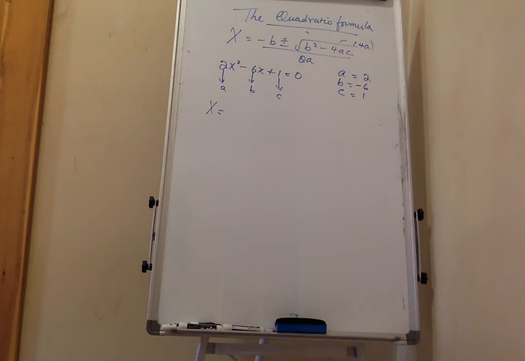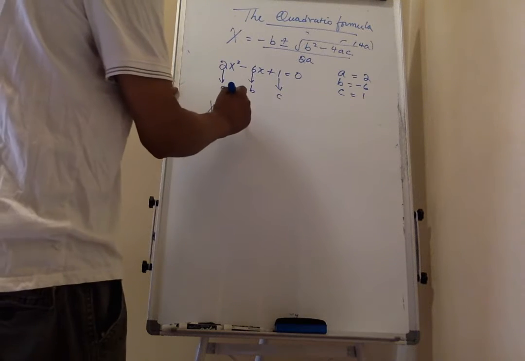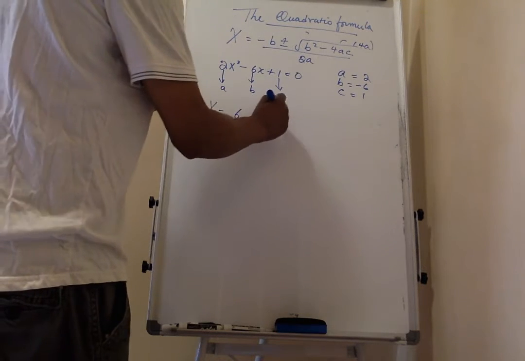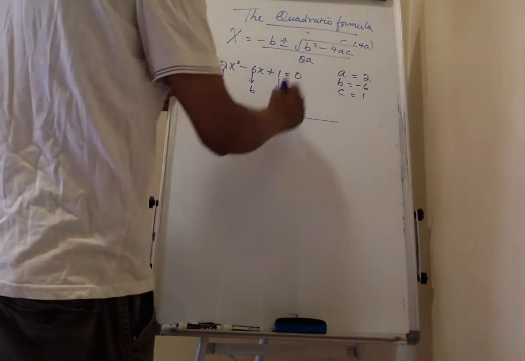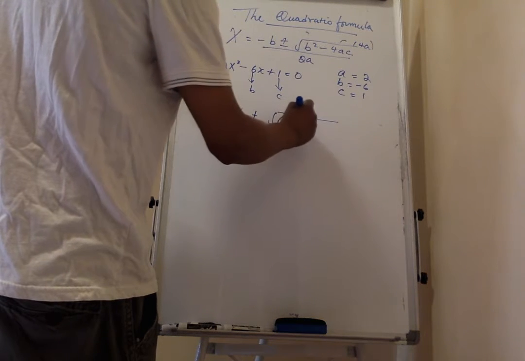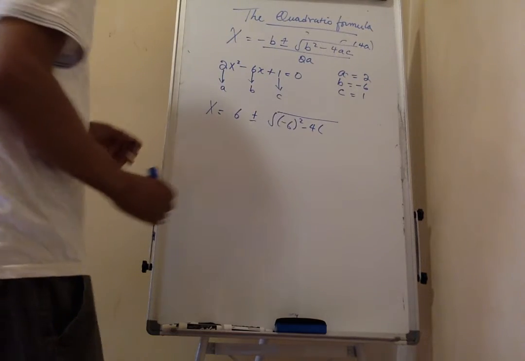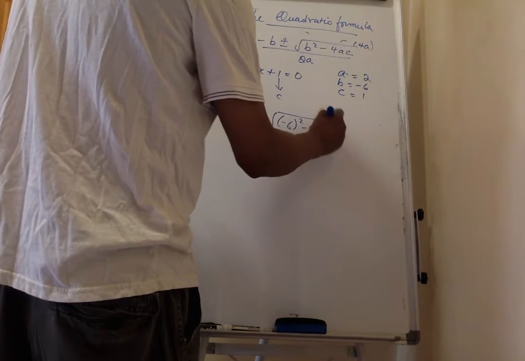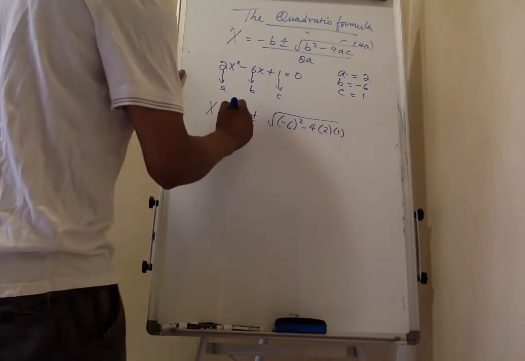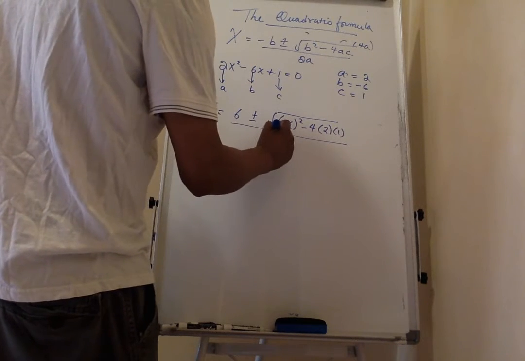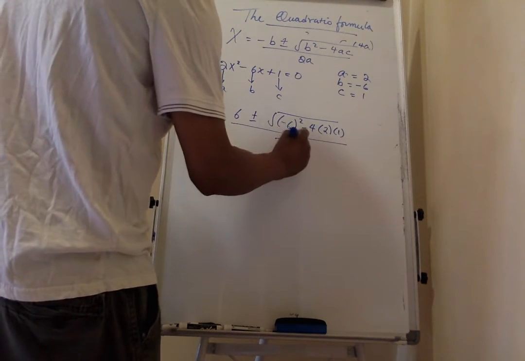Okay. So if b is negative 6, negative b would be positive 6. Plus or minus the square root of b squared minus 4 times a, which is 2, and c is 1, over 2 times 2.